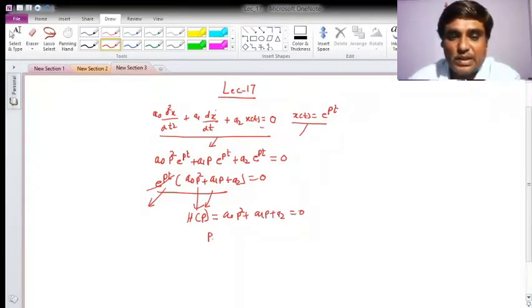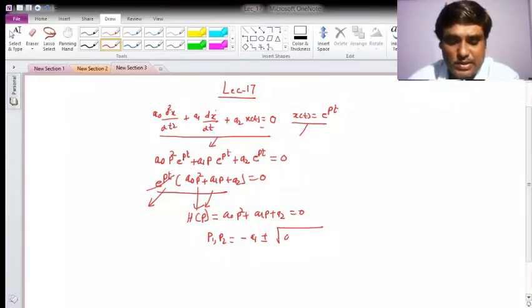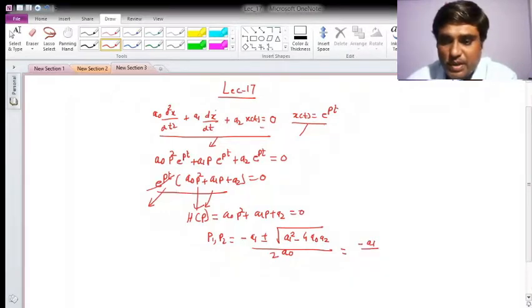So from that I'll get two roots, p1 and p2, which will be minus b plus minus square root of b square, that is a1 square minus 4 a0 a2, divided by 2 times a0, right? And in simplified form, it will be minus a1 upon 2a0 plus minus 1 upon 2a0 into the square root of a1 square minus 4 a0 a2.